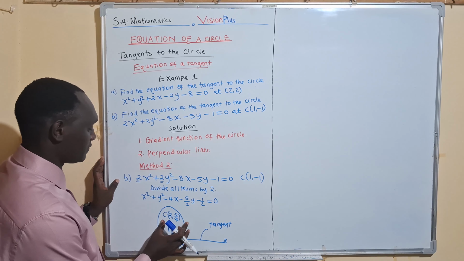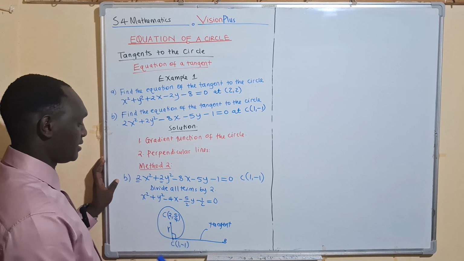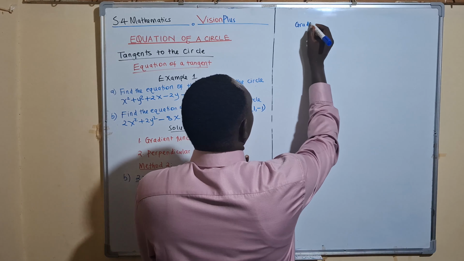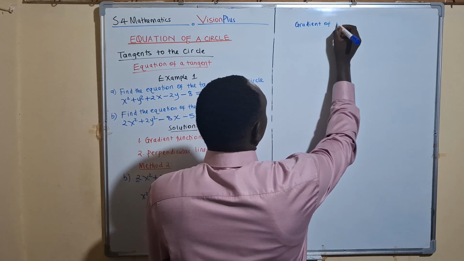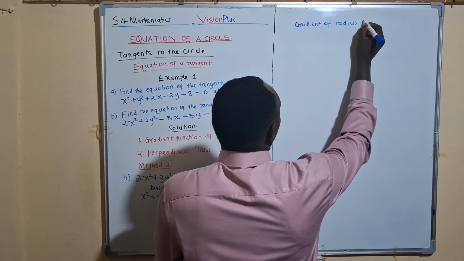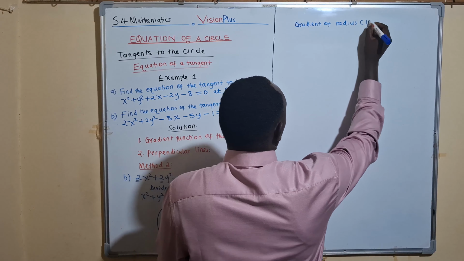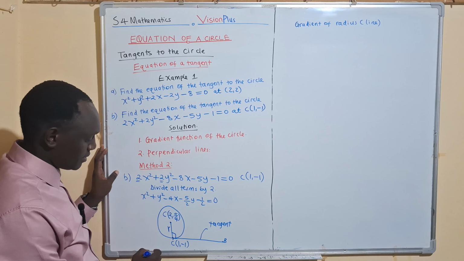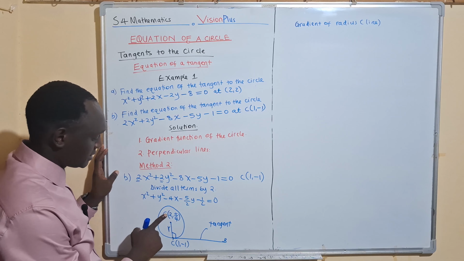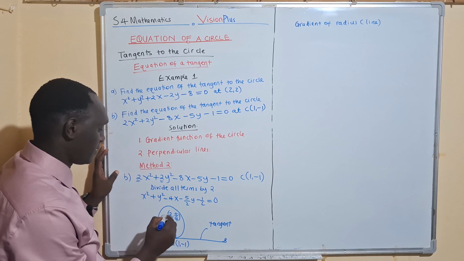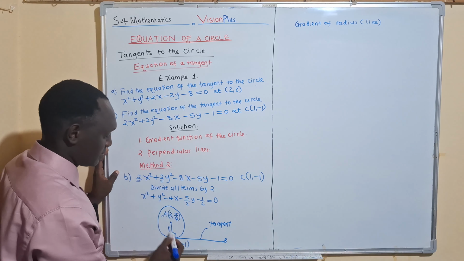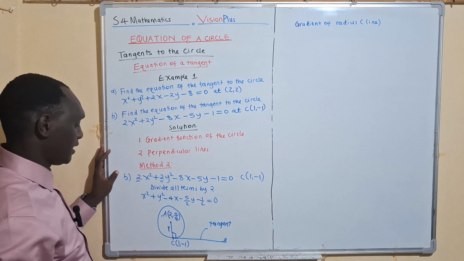After getting the coordinates of the center, now we need to find the gradient of the radius, and we know that the radius is a line. This is the radius from the center to point C. Let us change the center and just call it A, because the point of tangency was given as C. So let's just say our center is A.